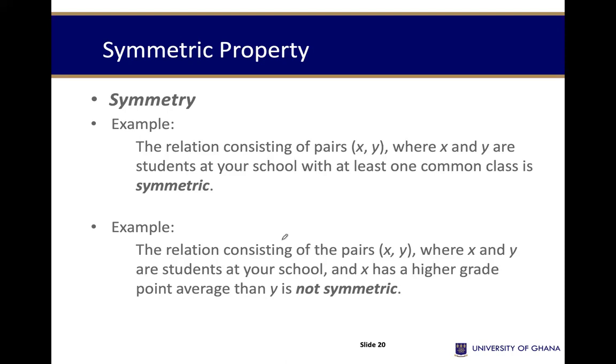So if at the end of the semester you see your GPA, and we have someone with a GPA of 3.9 and another person with a GPA of 2.1, then those two are not related in terms of the symmetric property. So for symmetric, they should all be around the same level. The same love is given. If I give you, they should also give the same love.